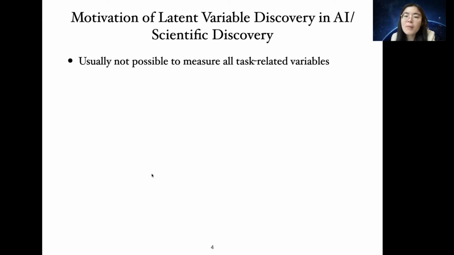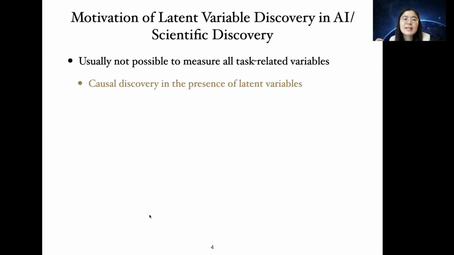In most cases, there are unmeasured factors that influence our observed variables, and directly ignoring such variables may lead to misleading results. So it's very important to consider causal discovery when there are latent variables.